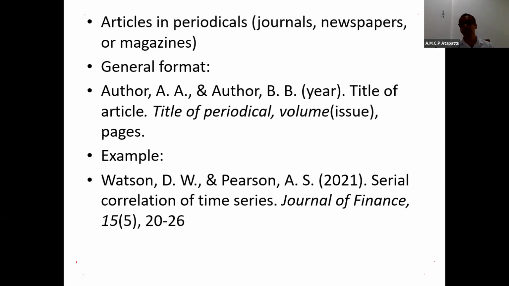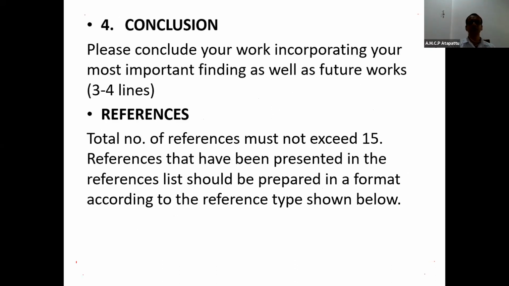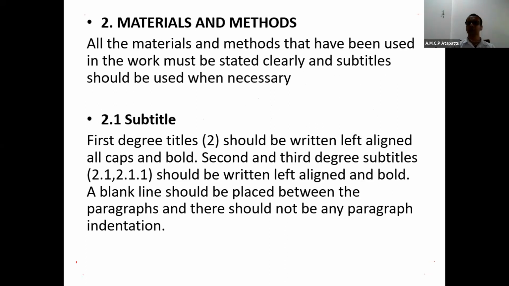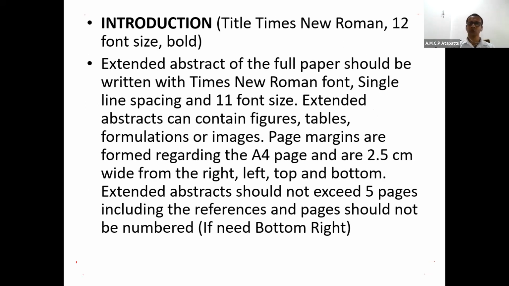When you are writing references, you have used them in the literature part and introduction, and you include a brief literature review as well in the extended abstract. Here, when you are writing the introduction part, in the body of this, you take a brief literature review as well.